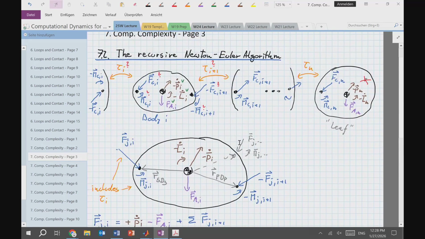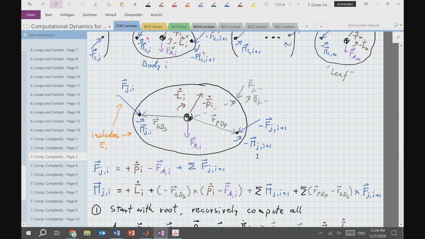So we start with a leaf where these here are 0. And just solve these equations to get Fji, Mji, and then we move to the next body. These are then given, and we can solve for Fji minus 1, Mji minus 1.